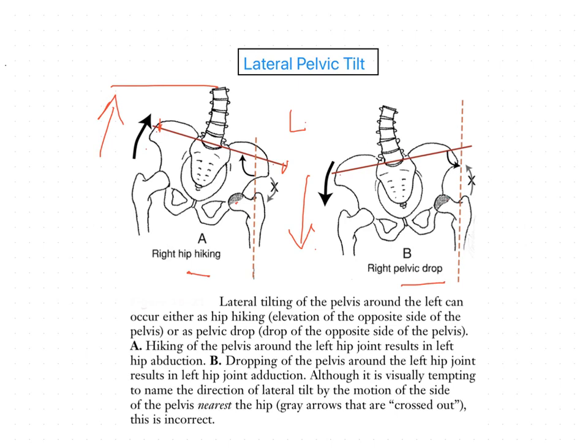So the opposite side of the iliac crest of the left side elevating causes right hip hiking, and if the opposite side of the left hip iliac crest drops, then it is called a right pelvic drop.